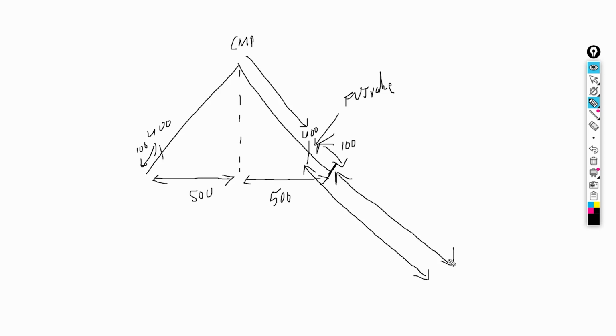Up to this point, our future long will give us a profit and our straddle will give us a loss, so it will be matched out. The only remaining profitable part is this 100 points. So 100 into 50, 5000 will be our profit if the market continues to go down.